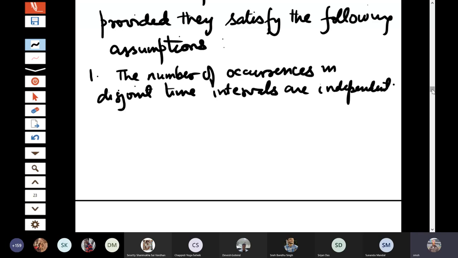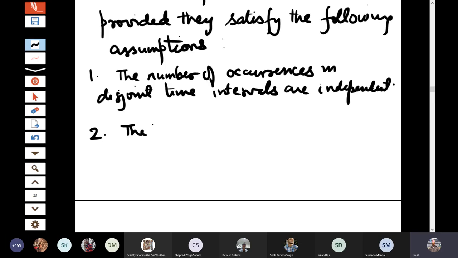Such things can be assumed. I was mentioning about the students joining. A student joining my class online is joining from some place, say Patna, and then there is another student who is joining from, say, Guwahati. It is independent because they are all joining independently. Similarly, whether some students will join between 7:55 to 7:56 and some students who will join between 7:56 to 7:57, that is considered to be independent.